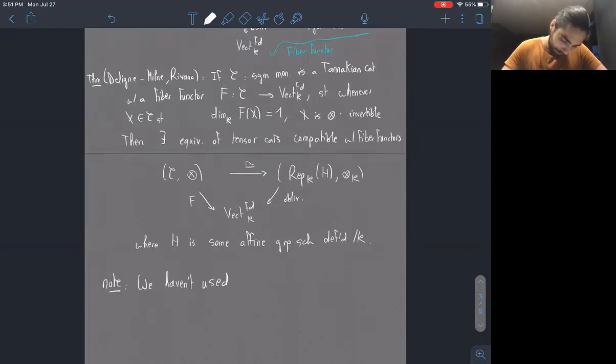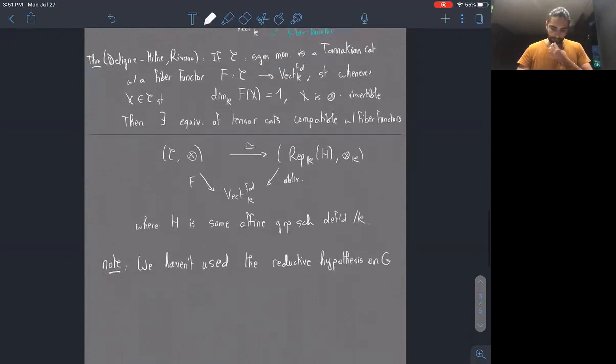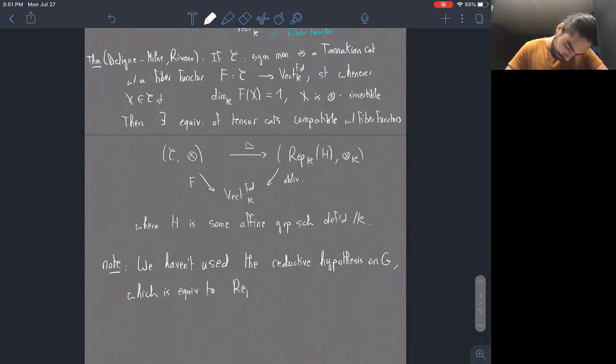So we haven't used the reductive hypothesis on G, which is equivalent to Rep G being semi-simple.